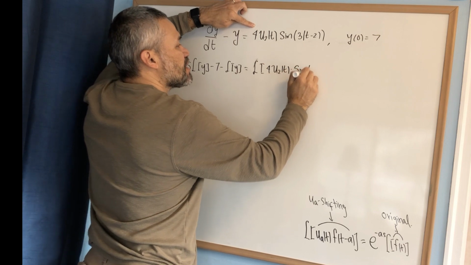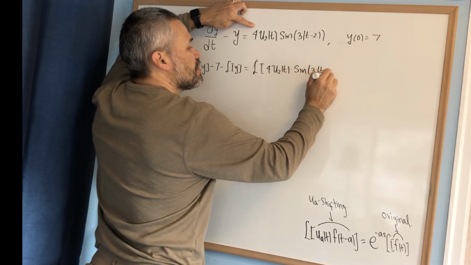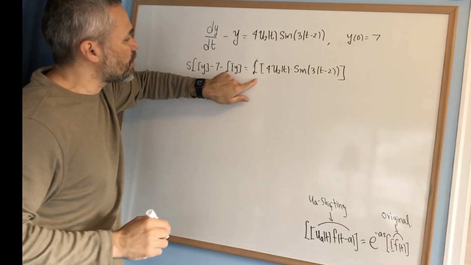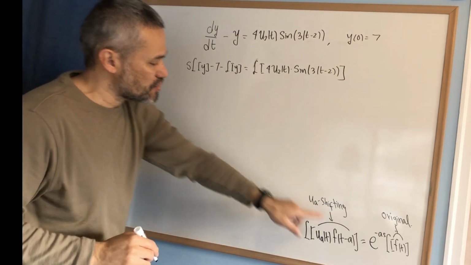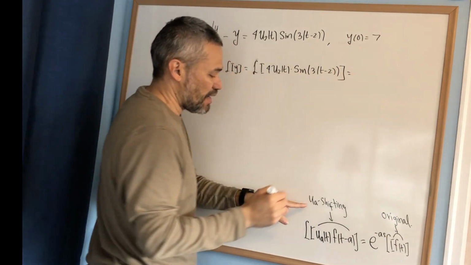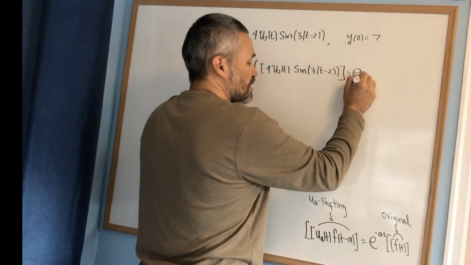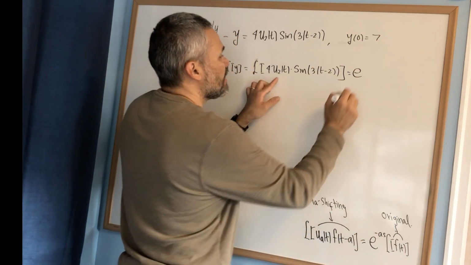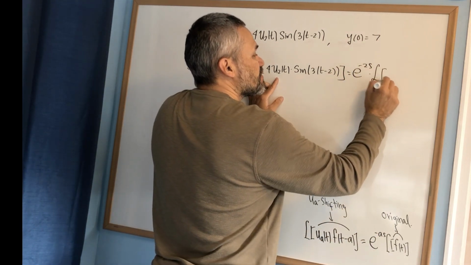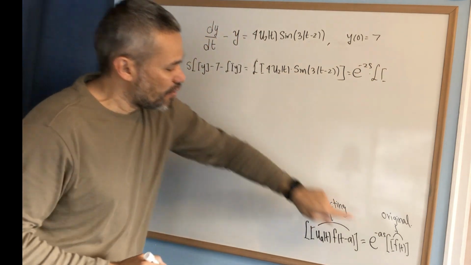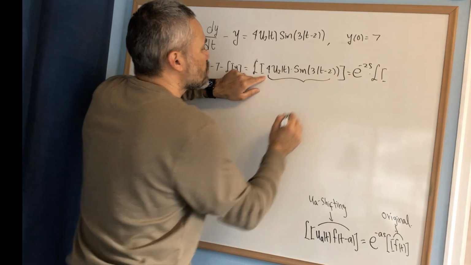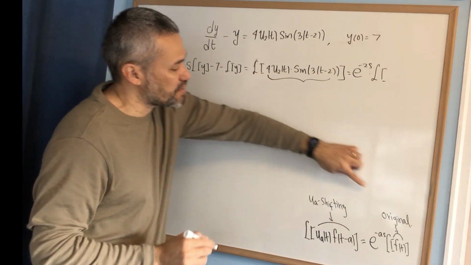times sine of 3(t minus 2). And to compute this Laplace transform, we use this formula. Notice that in this case, we're going to have an e to the negative 2s, and this is the Laplace transform of the original function. If this is my u2 shifting function, what is the original function?